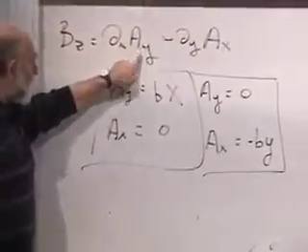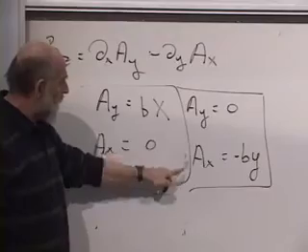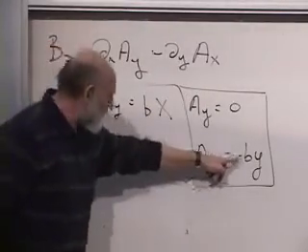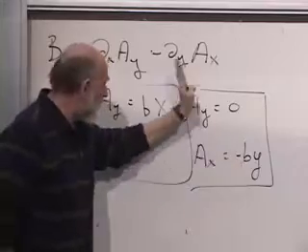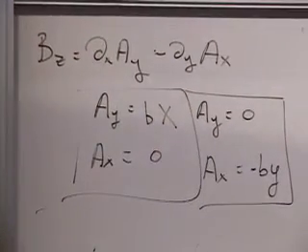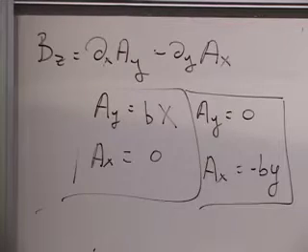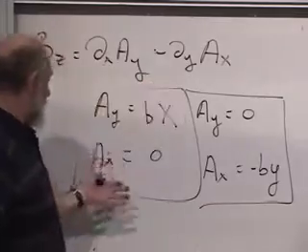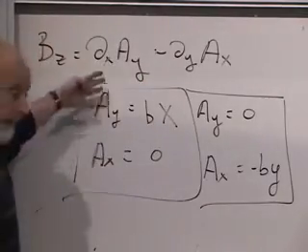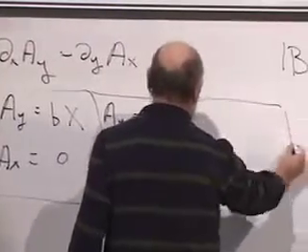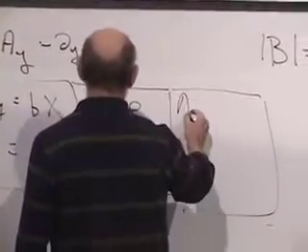This time the derivative with respect to x of Ay is equal to 0, but the derivative with respect to y of Ax is equal to minus b, and gives you the same answer. It has to be minus because there's a minus here, if we want to get the same answer. Here's another example, all giving the same magnetic field.